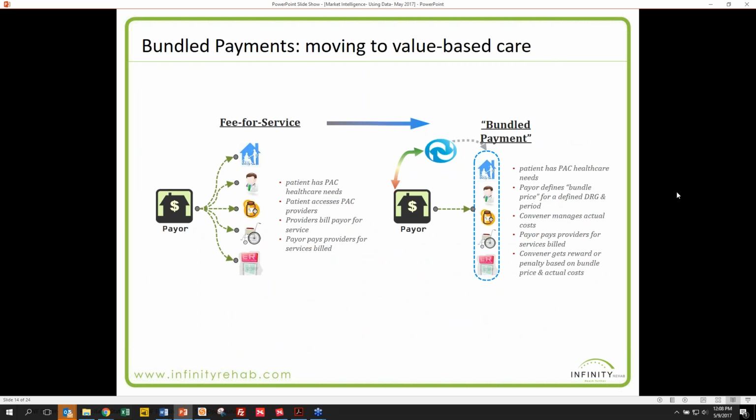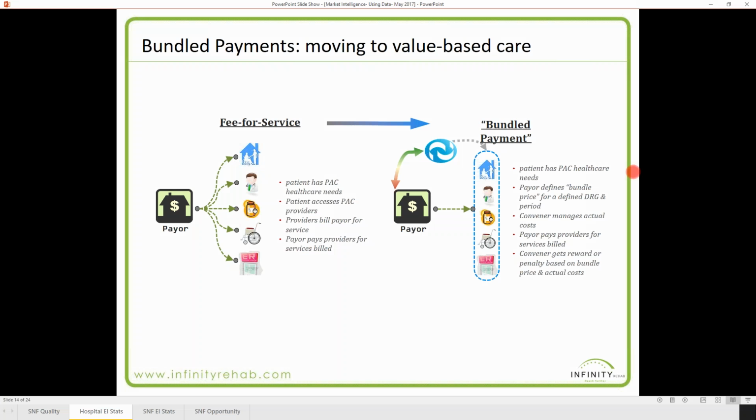So the next set of payment reform initiatives, and this is a pretty big one, is what Medicare calls bundle payments. It's really moving away from a fee-for-service model, which is where we're at currently, to a situation where Medicare assigns a bundle price on a patient, and Medicare holds someone responsible to that price.